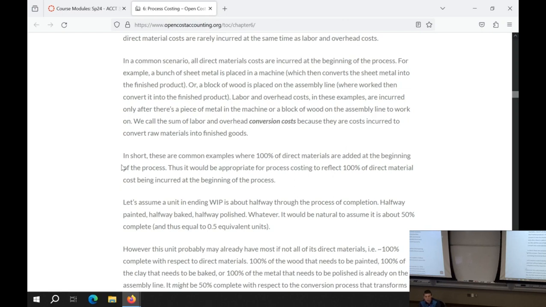Paper. Yeah. So those paper airplanes that are partially folded, how complete are they with respect to the direct materials that go into them? They're done. What is not done? The labor, the conversion of them from the raw material into the finished good. So 100% complete with respect to direct materials, and they might be like 25% complete with respect to conversion.